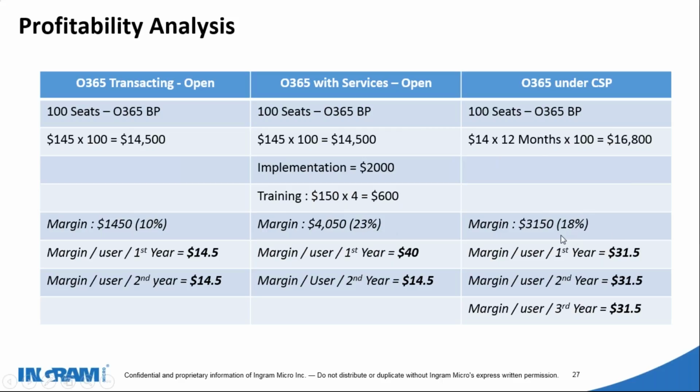Your margin may not be as big in the first year, but because it's a monthly flat price, if you calculate it on a yearly basis, your margin remains the same. And the good news is, because it's monthly and not easy to switch between resellers, the money coming to you is much more assured than in the open business. This is how we are looking at it.